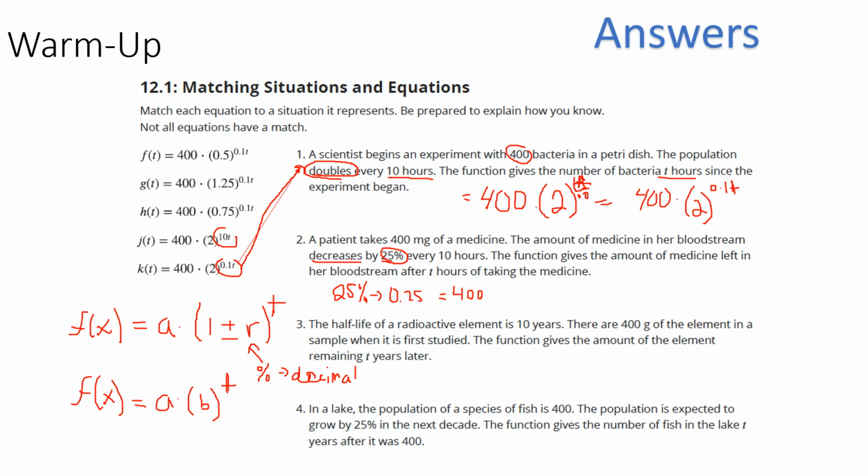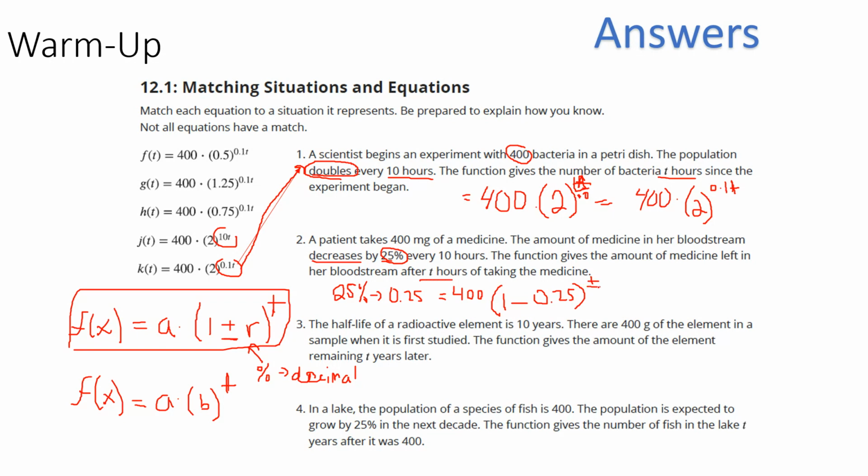Because we are decreasing, we go back to this equation and use minus instead of plus. So we have our initial amount times 1 minus 0.25, and then every 10 hours. The function gives the amount of medicine left in her bloodstream after t hours, so that would mean t out of 10.